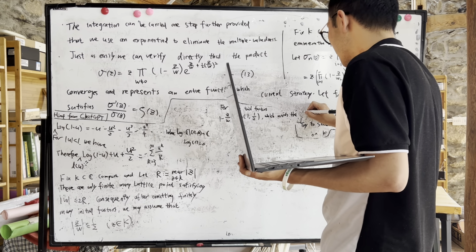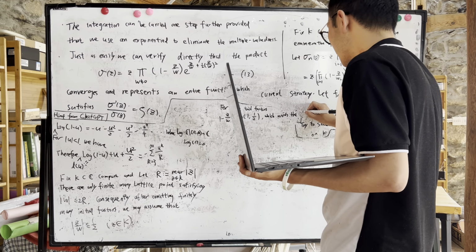Okay, so then he says that for modulus u less than 1/2, we have the modulus of l of u, which is equal to the modulus of this sum.